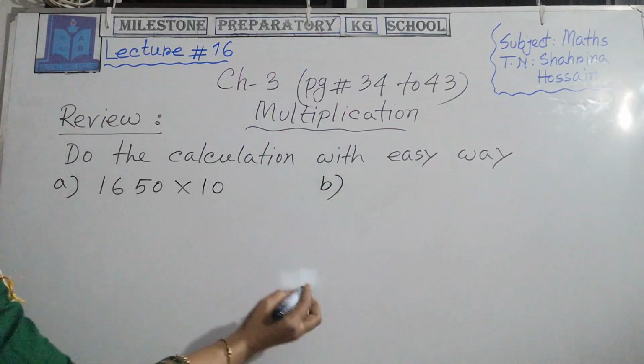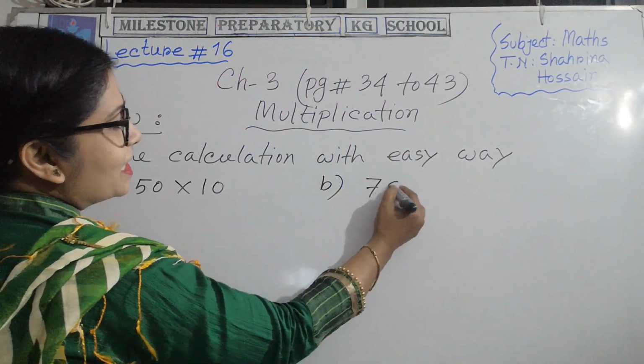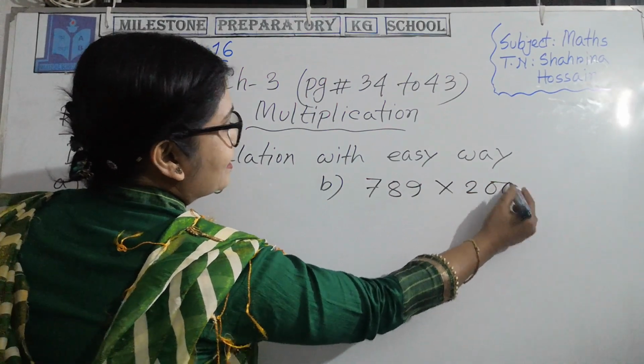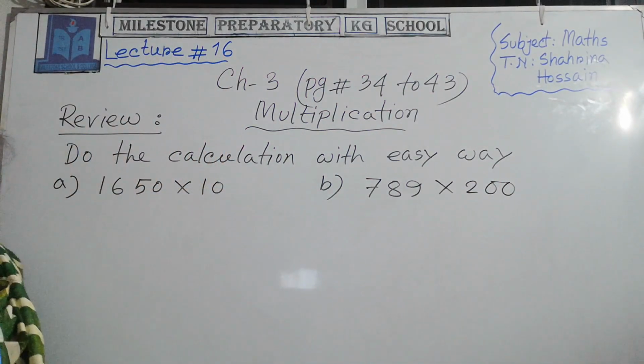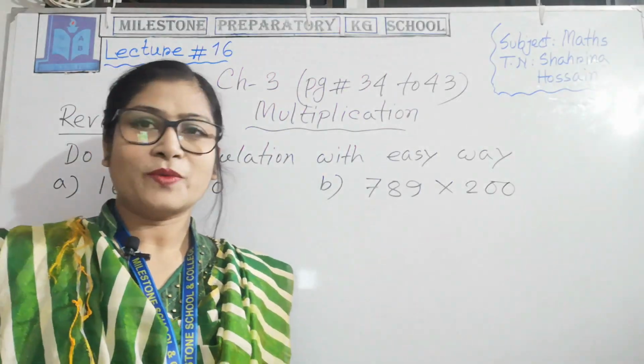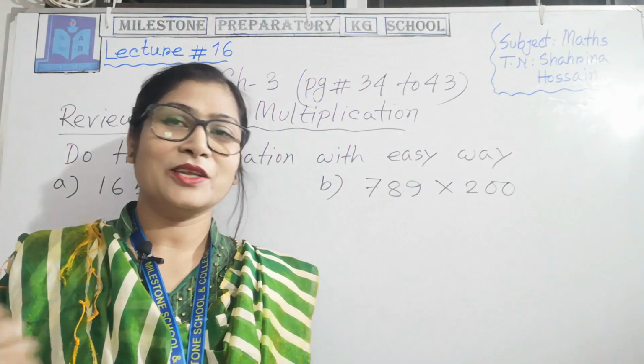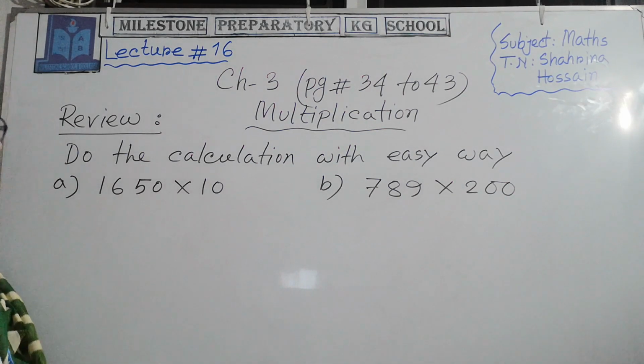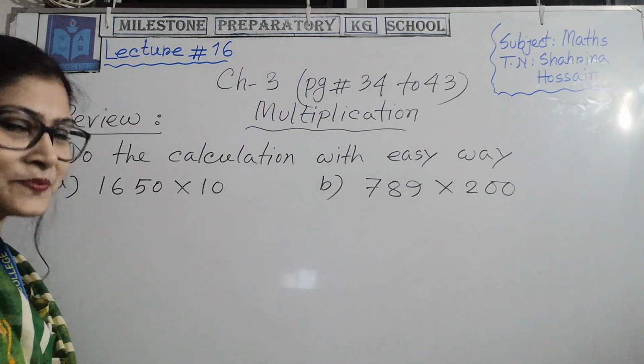And number B, 789 multiplied by 200. So dears, can you do it by yourself? Okay, hurriedly do it. I will wait 2 minutes, okay?